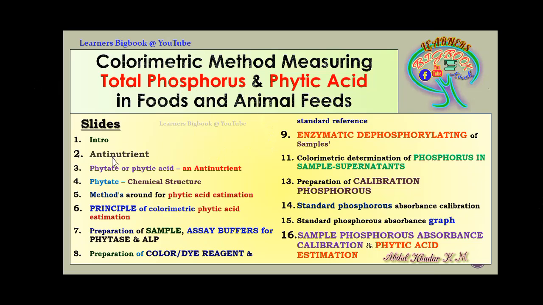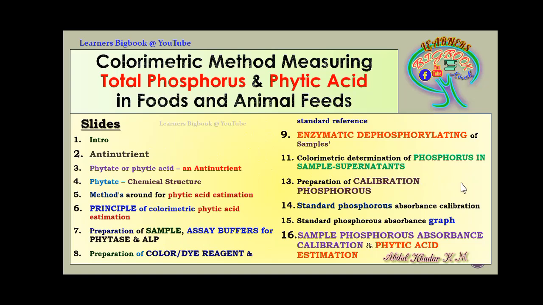These are the slides which we have prepared, about 16 slides, and here we have tried to detail every required piece of information for the experiment and why we are doing this estimation: the colorimetric method of measuring the total phosphorus and phytic acid in consumed foods and animal feeds.